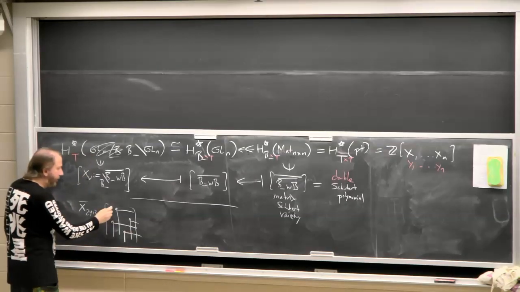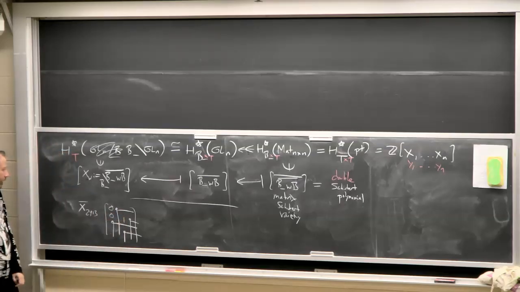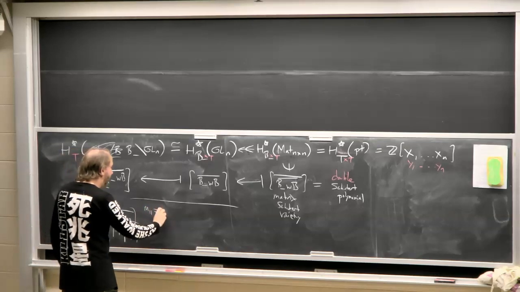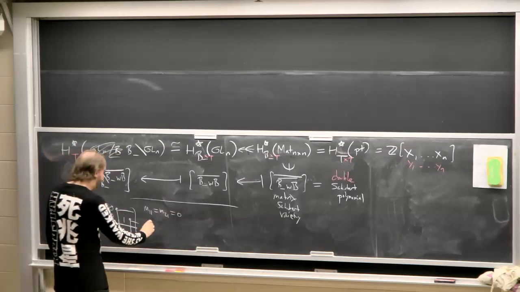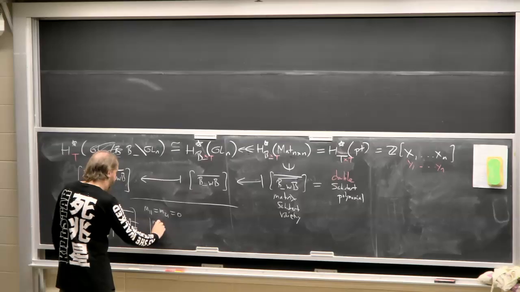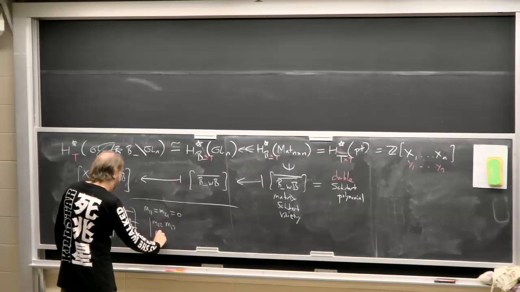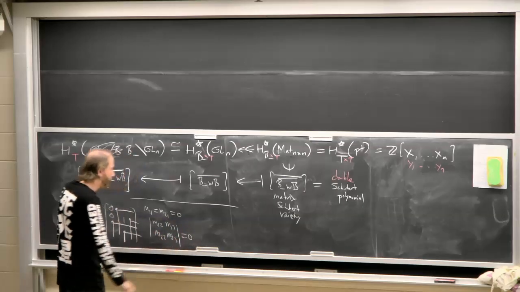The relevant ranks here are this one and that one. The equations of this thing are that M11 and M21 are 0. So these are 0, and M12, M13, M22, M23 is 0.